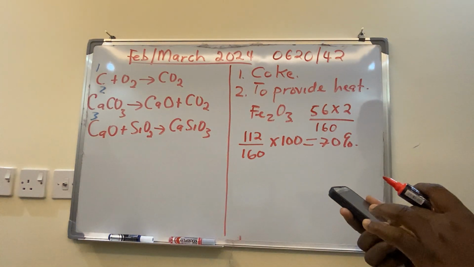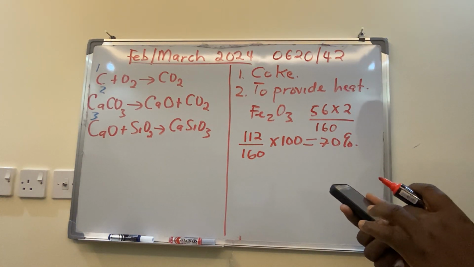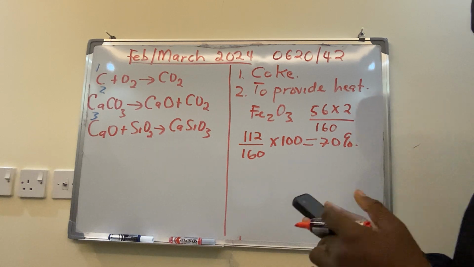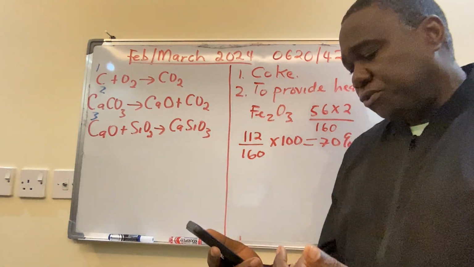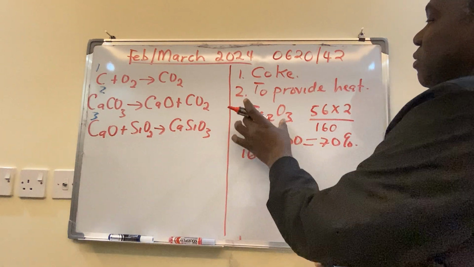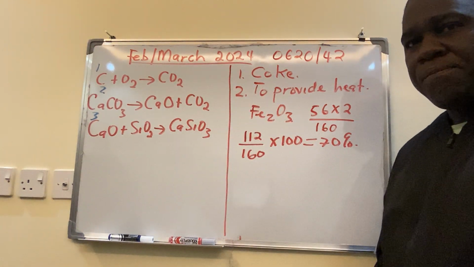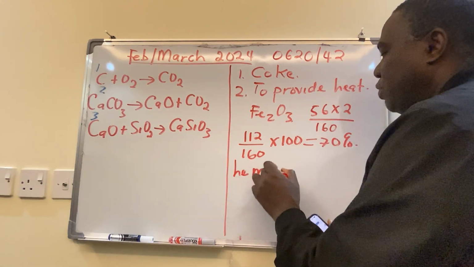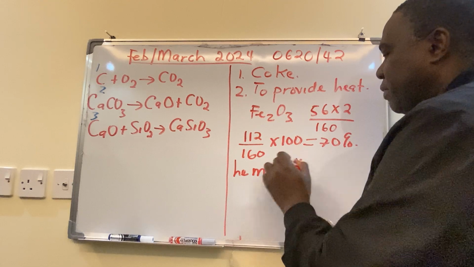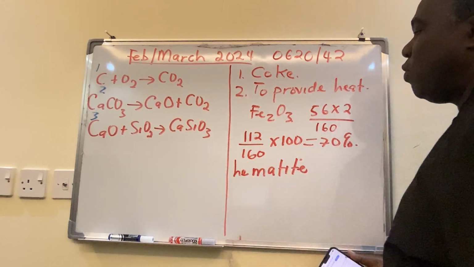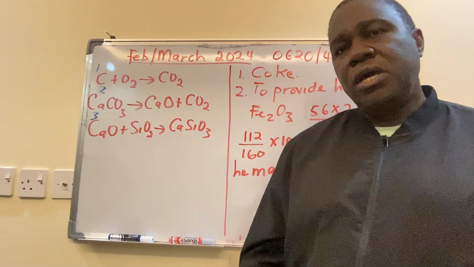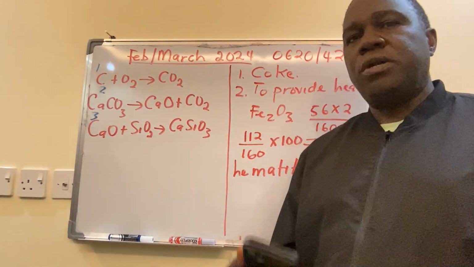Now, B part 2 says, state the name of the ore which consists mainly of iron(III) oxide. The color of iron(III) oxide is red, and usually when things are red in science, we have the prefix hem-. So the name of this iron ore is hematite, just like the color of our blood is red, because it contains a red pigment called hemoglobin.